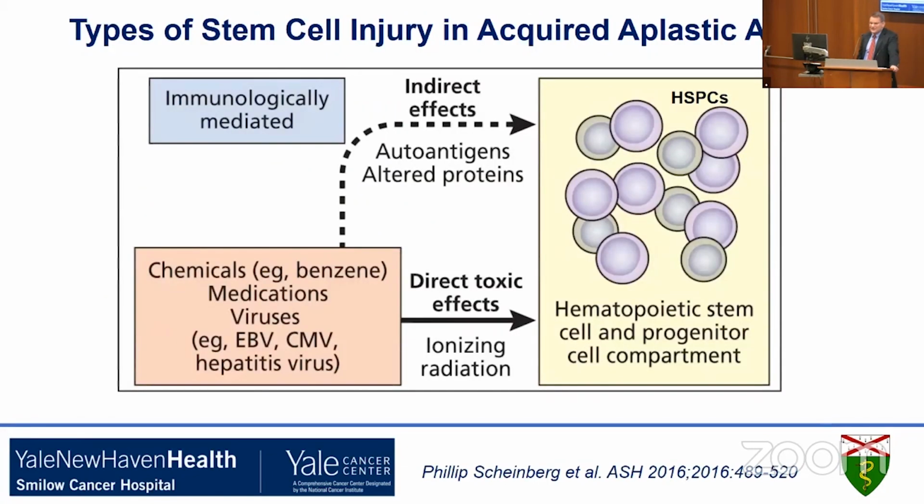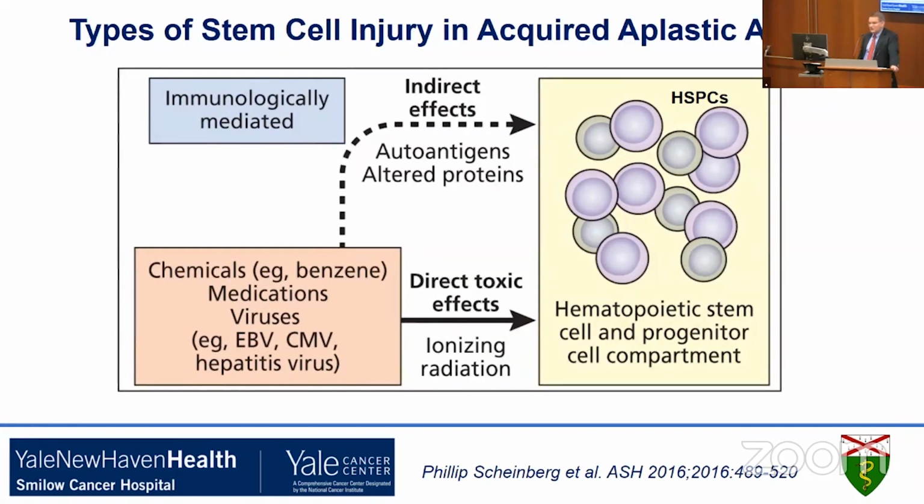Now, when we're saying idiopathic, we don't know what triggered it, but most likely it is something which affected the patient's own immune system to attack hematopoietic stem cells in the bone marrow. And the hematopoietic stem cell is the mother cell in the bone marrow, which gives birth to all of the blood cells and eventually cells which circulate in peripheral blood. The hematopoietic stem cell has the ability to replicate itself.